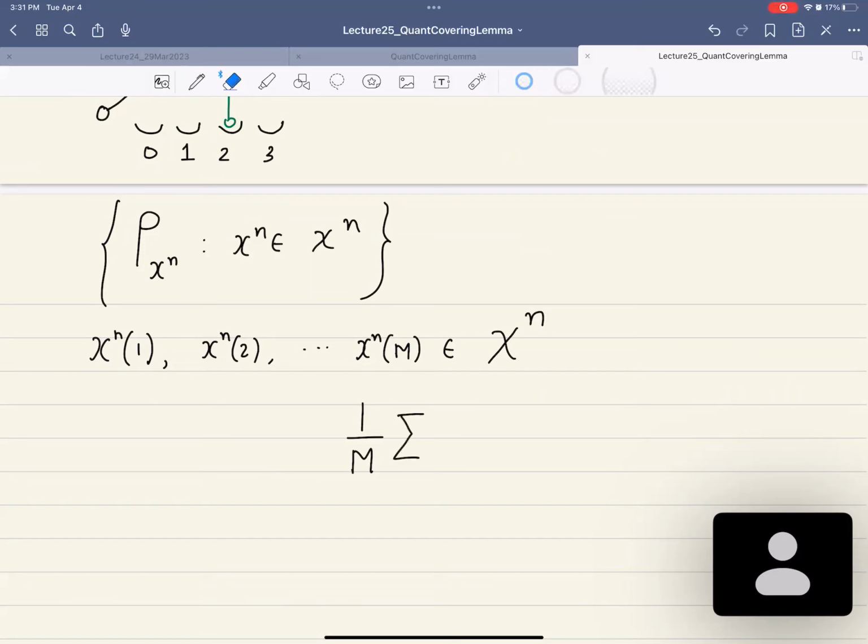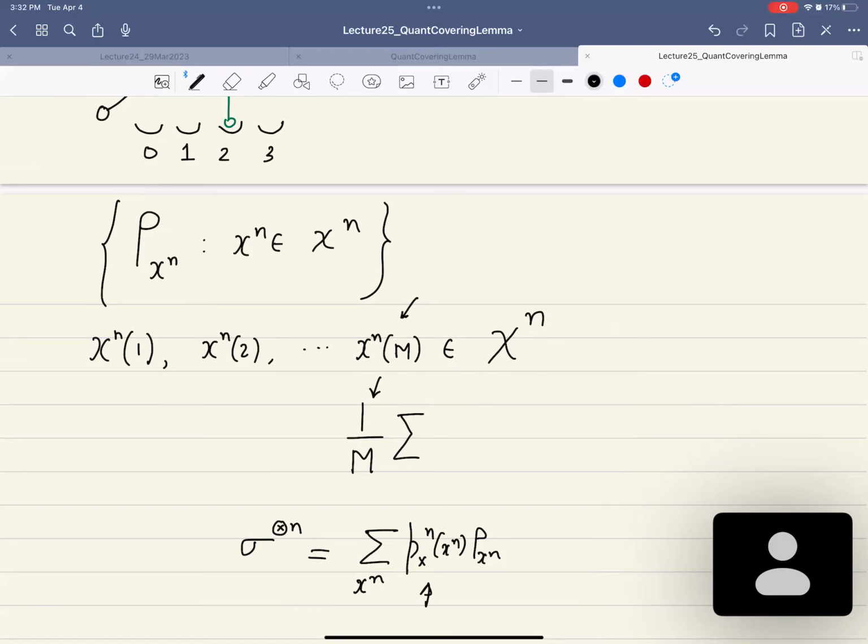So remember there was a P of x^n. Remember this equation: the sum over x^n of P(x^n) rho x^n. This was my sigma tensor n. Now, instead of P(x^n), I'm going to pick uniformly among the capital M states.